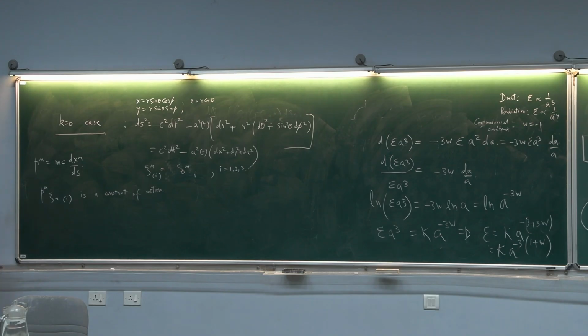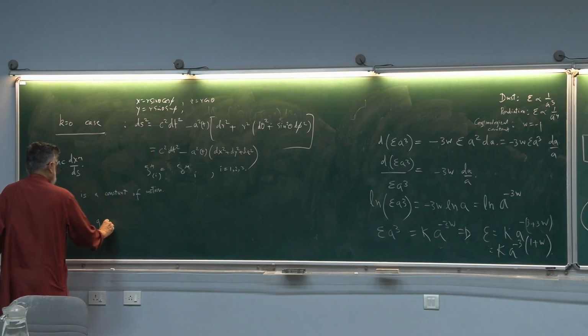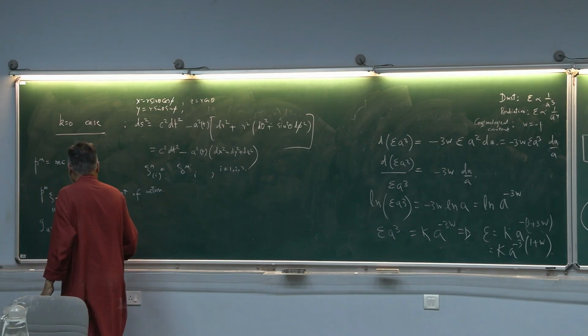So let's simplify. What are these constants of motion? This is the same as g mu nu P mu xi nu of I. But xi nu of I is delta nu of I, so this is the same as g mu nu P mu.